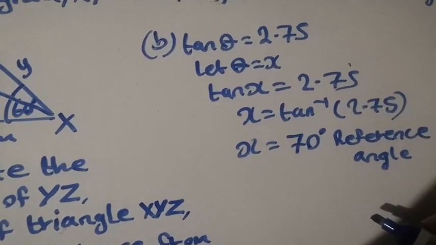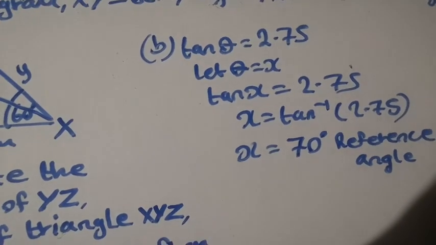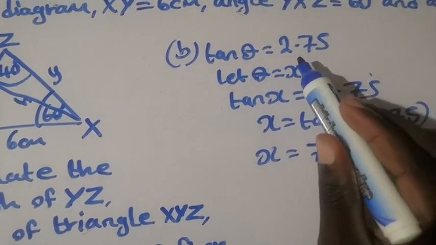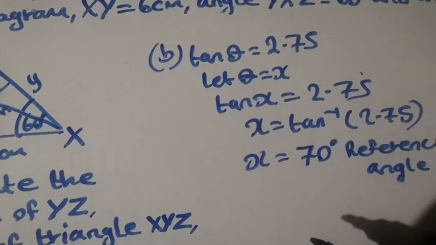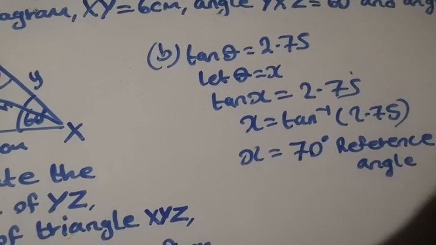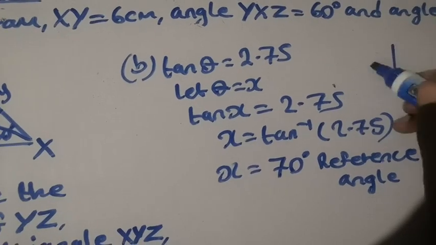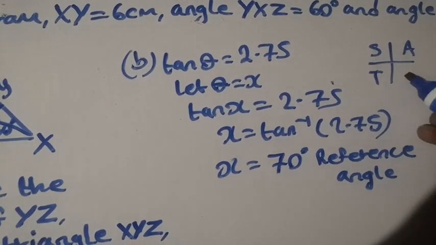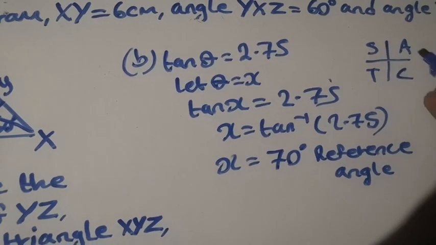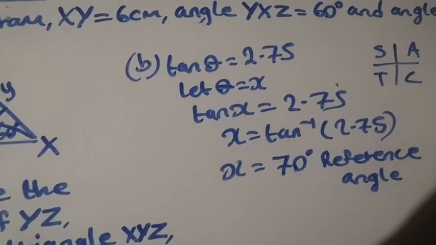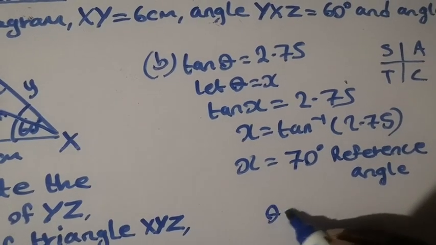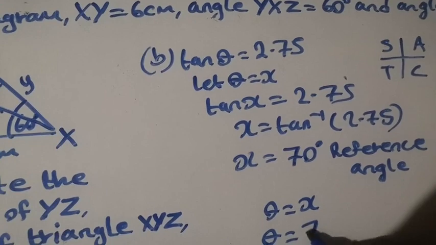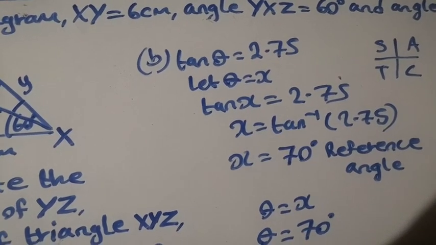So we are going to refer to this angle and see the conclusion. Here tan is positive, so we should get the solutions where tan is positive. If we consider the CAST diagram, tan is positive in the first quadrant and the third quadrant. So theta equals x, which is theta equals 70 as our first angle.